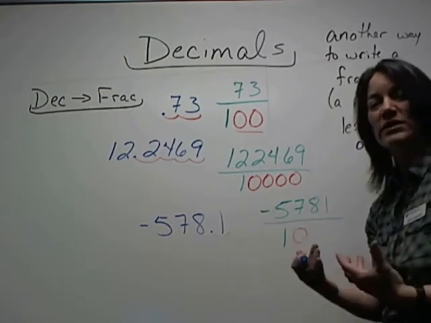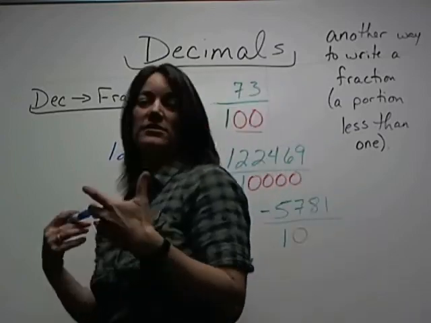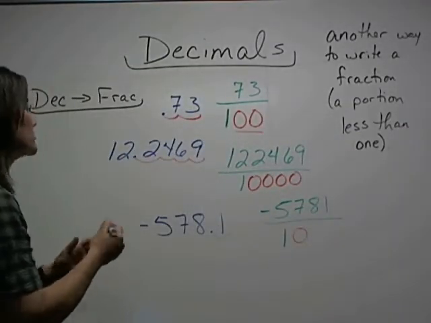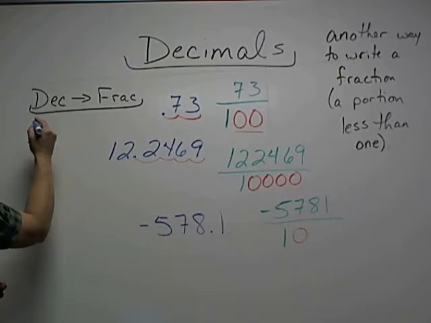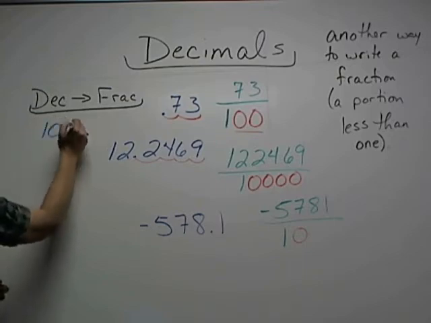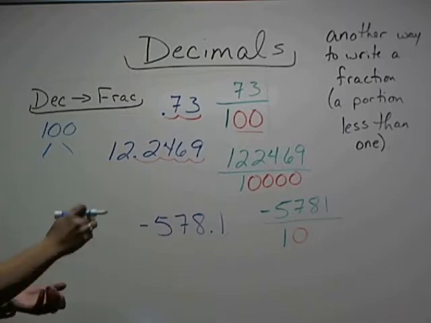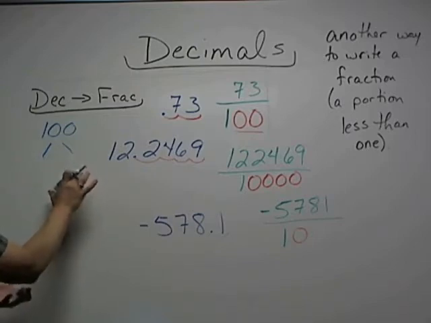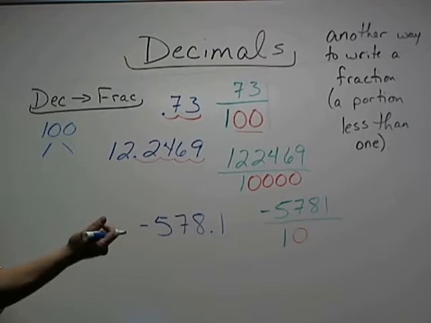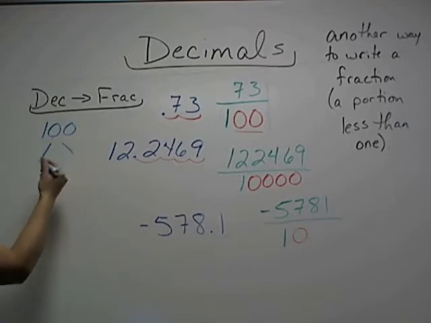If you remember from what we did last week in finding our LCMs, those least common multiples, we did little factor trees to break things down into prime factorizations to help us find the numbers so that we could build up a common denominator. Well, if I have 100, that's just 10 times 10.